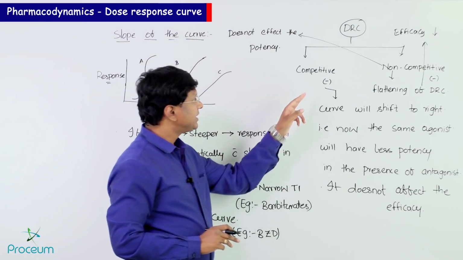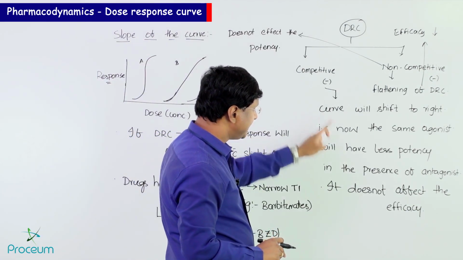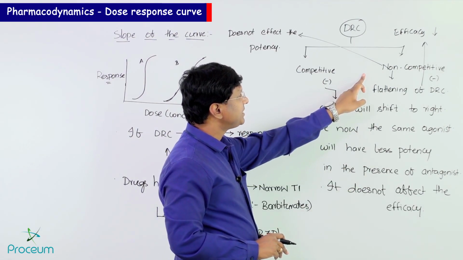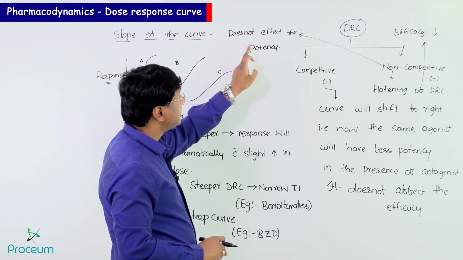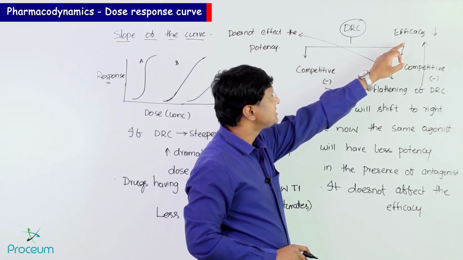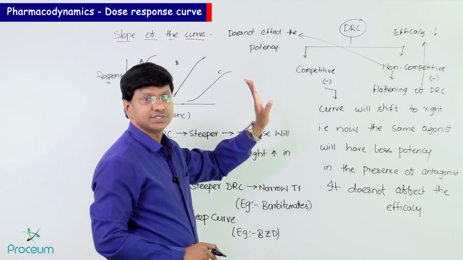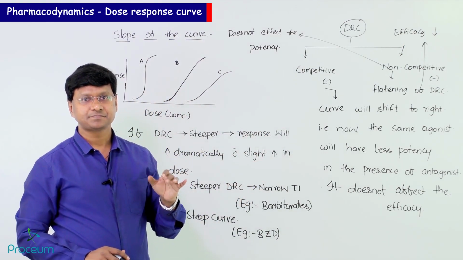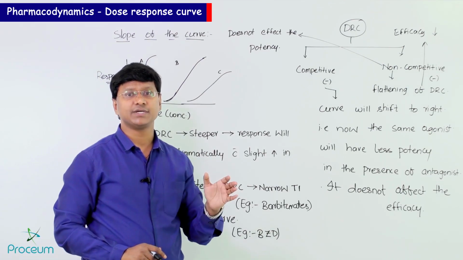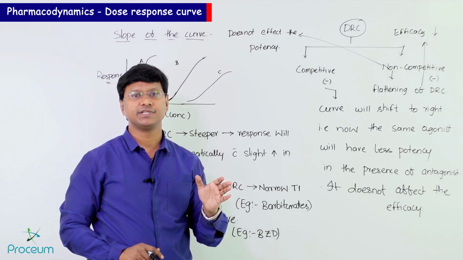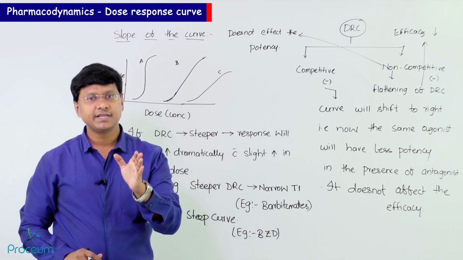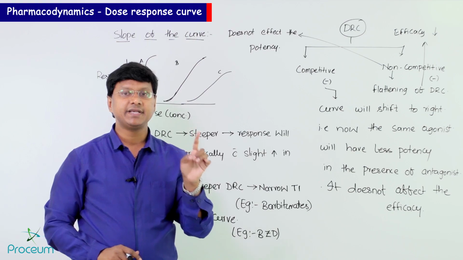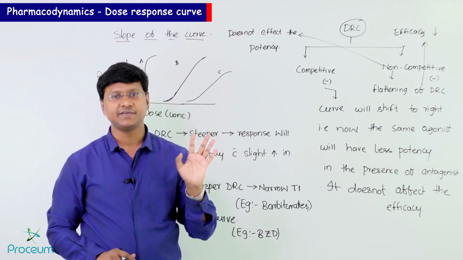So remember, in case of competitive inhibition, it does not affect the efficacy of the drug, whereas in case of non-competitive inhibition, the efficacy is decreased, but it does not affect the potency. But a point you should remember is, if it is an irreversible competitive antagonist, there will be decrease in both potency and efficacy.